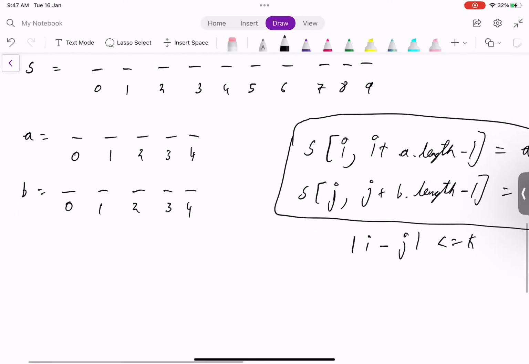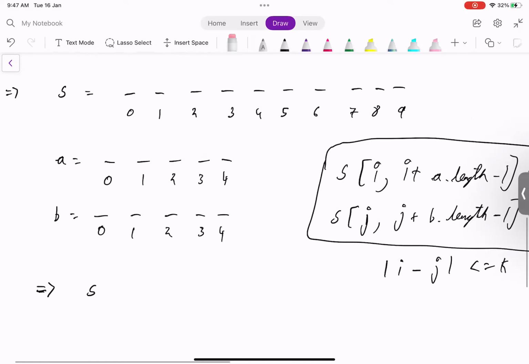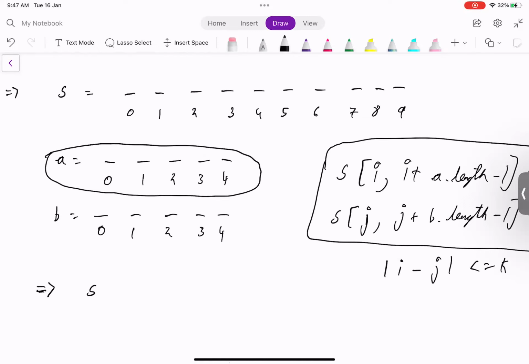So for that, what we can do is we can perform string matching. That is, we have S, right? So in S we can use any one of the string algorithms mentioned, either KMP or Z or string hashing, and find out from how many positions a pattern will occur.